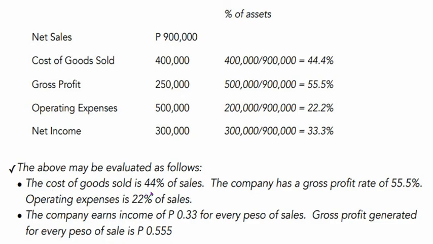So, halimbawa, ito, cost of goods sold is 44% of sale. Ibig sabihin, mas mataas ang gross profit mo kumpara sa cost of goods sold mo, which is a good indication that the business is earning, and for every peso na i-spend mo, may kinikita si company na 0.33.